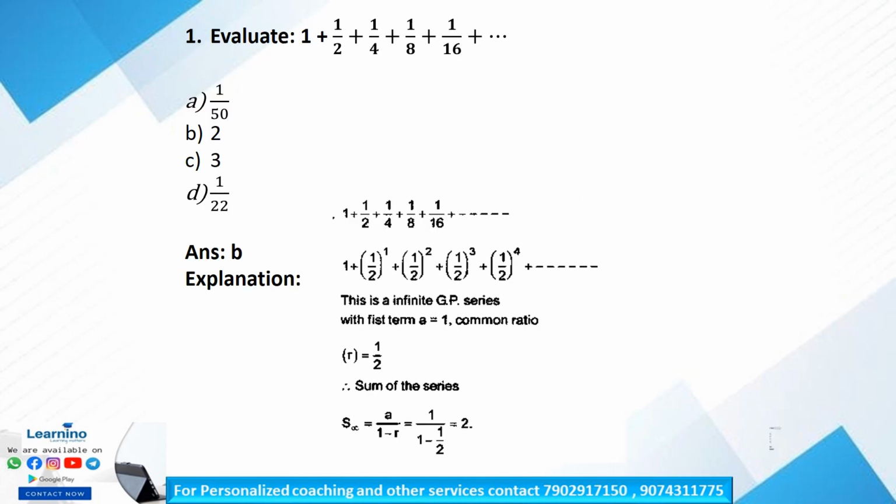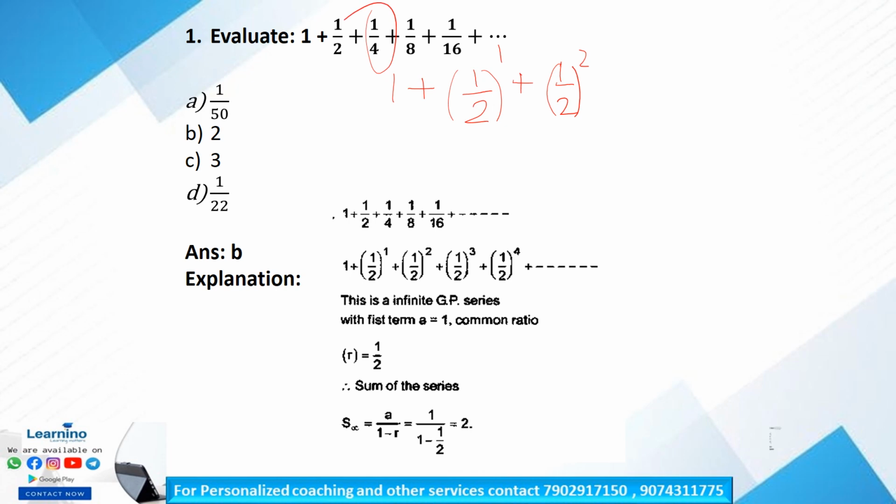Question number 1. Evaluate 1 plus 1 by 2 plus 1 by 4 plus 1 by 8 plus 1 by 16. Okay, so we can write 1 as 1 itself. 1 by 2 as 1 by 2 whole raised to 1, which is 1 by 2 itself. 1 by 2 the whole square is equal to 1 by 4.